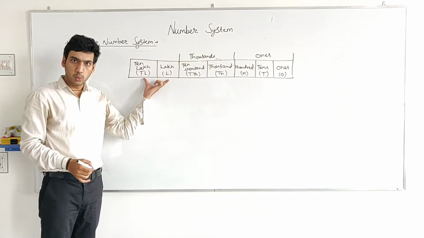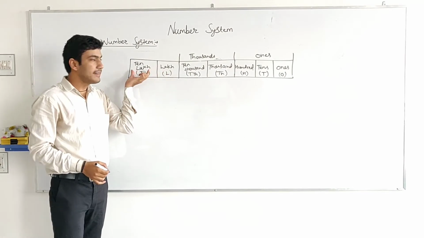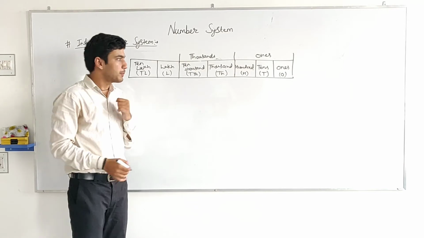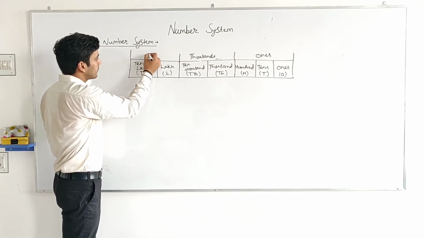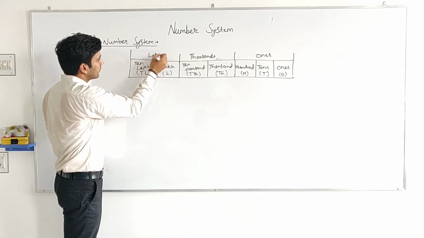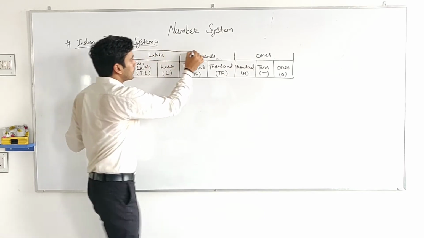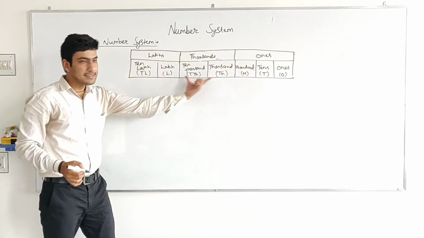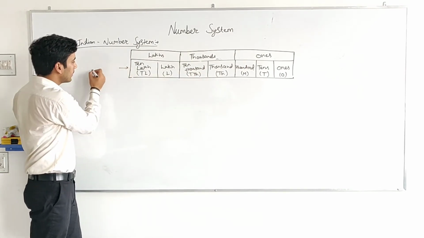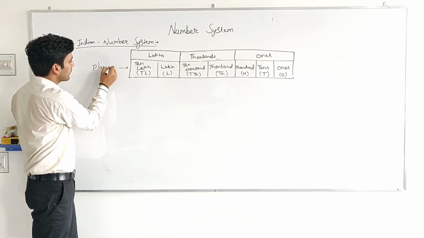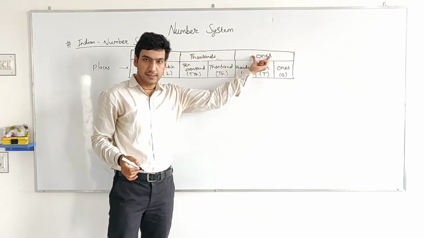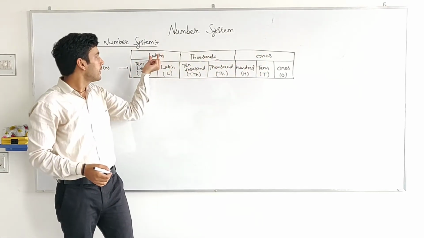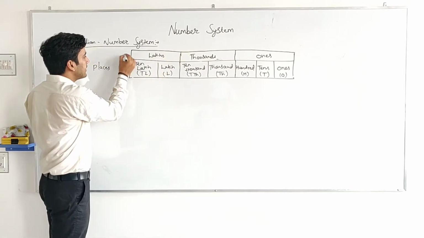And the last 2, lakh and 10 lakh, are grouped as lakhs period. Now there are 7 places, and there are 3 periods in this system: ones period, thousands period and lakhs period.